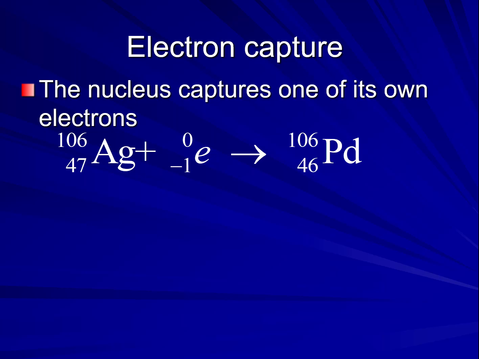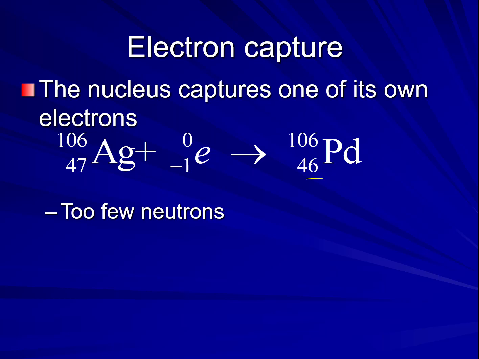So it's palladium. So a proton got hit by an electron, so I lost a proton. But the net mass number is the same, so that proton I lost must have turned into a neutron. Right? That's the way the top number stays the same, if the proton turns into a neutron.